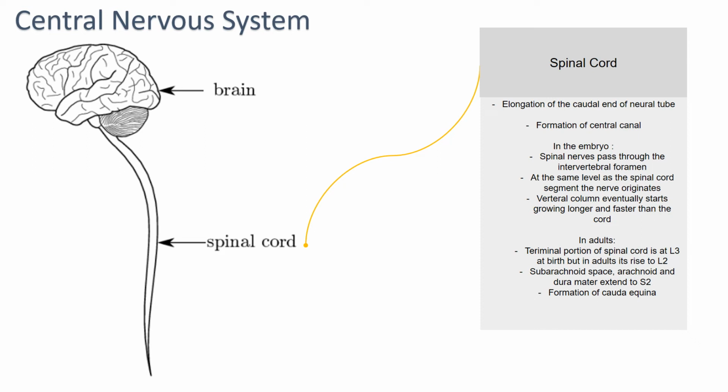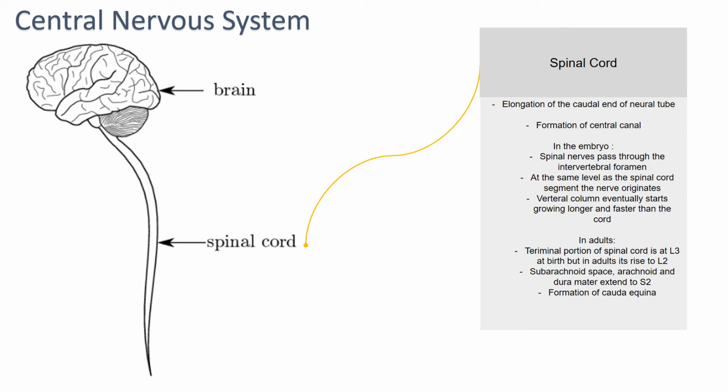But in adults, the spinal cord technically stops at a level of the L1 vertebra. Because there is this difference in length, the lumbar and sacral spinal roots are going to project in an oblique manner from the spinal cord to their vertebral levels. And eventually, the nerve roots at the end of the spinal cord will form the conus medullaris, with the nerves branching out more inferiorly still to form the cauda equina.